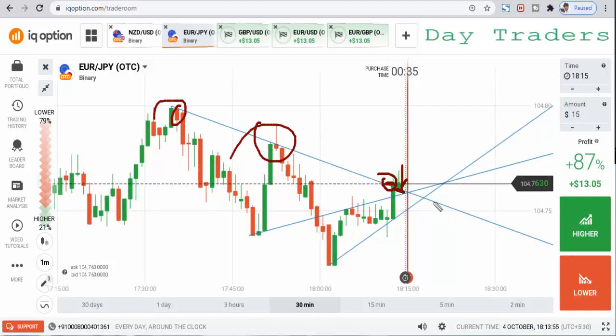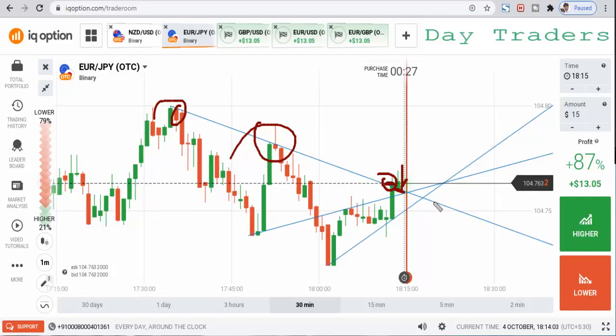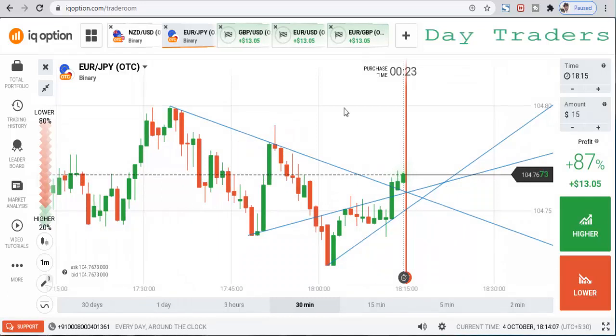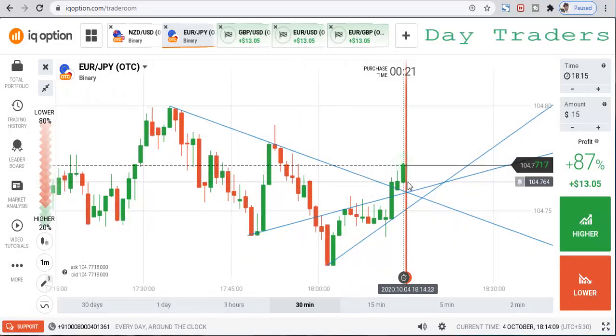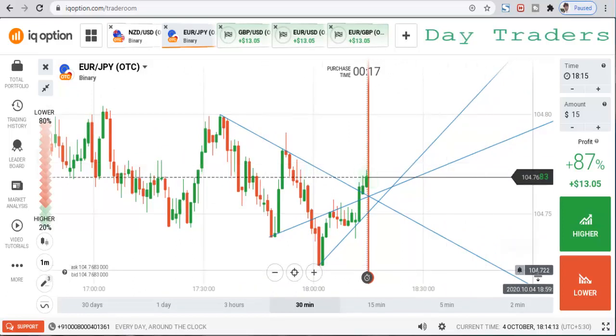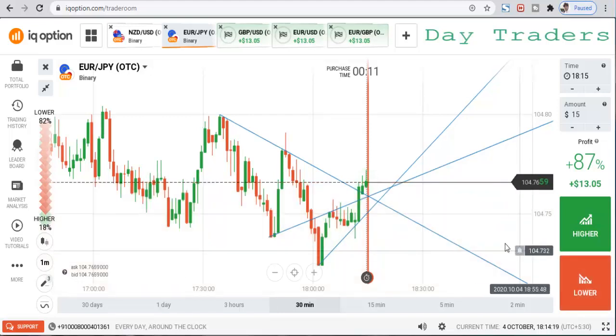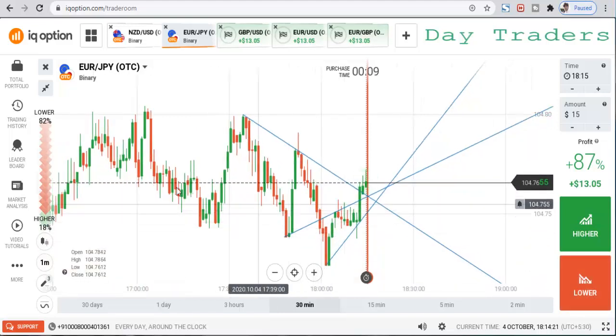Buyers enter the market. Okay, still some going to a marginal safety trade.